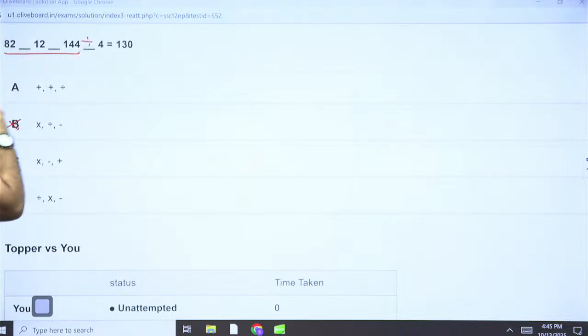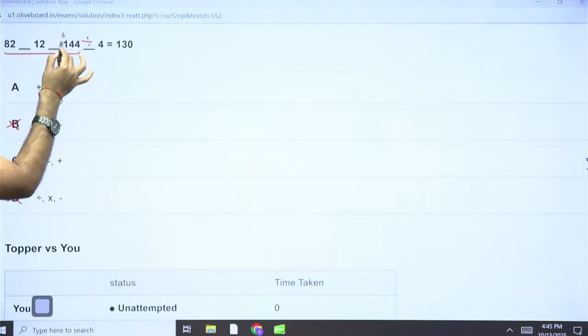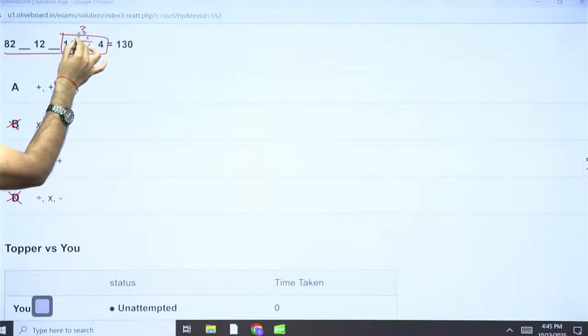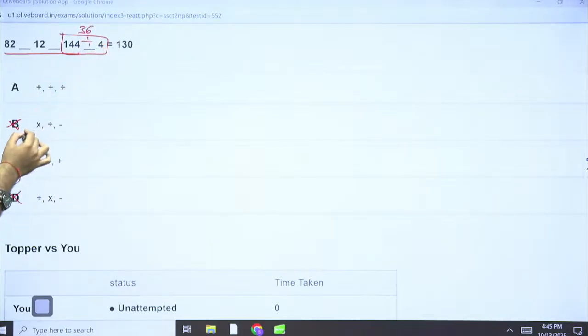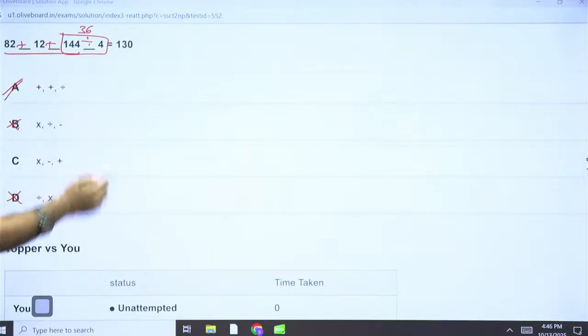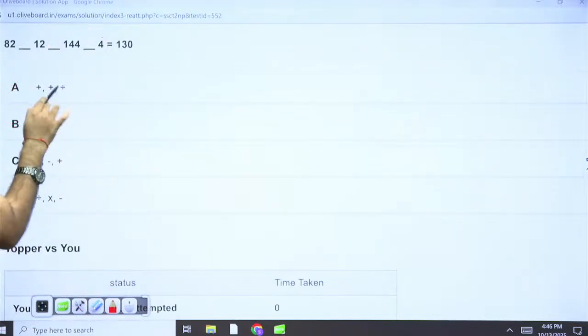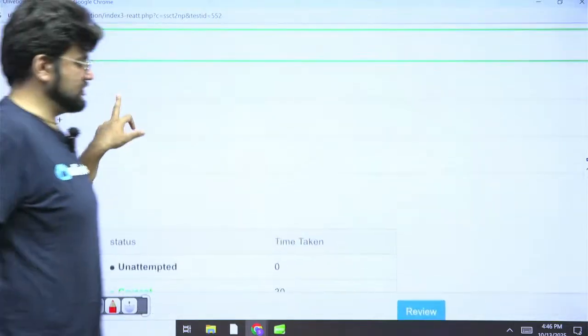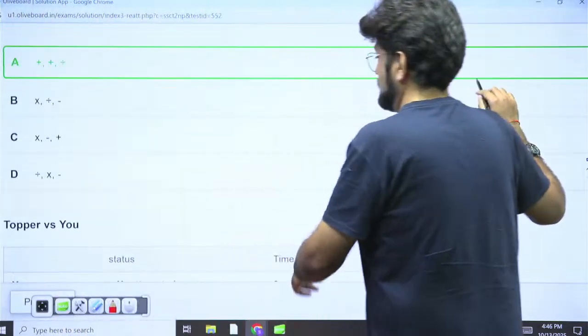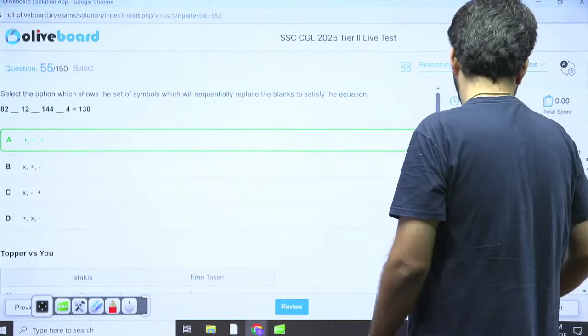Divide is between here, 144 and 4. 36. 82 plus 12 plus 36. 82 plus 12 is 94 and 36 is 130. Yeah, cool, 130. Option A is the right answer. Correct. Okay, just by division we checked. 30 seconds, excellent. Very nice, lovely.